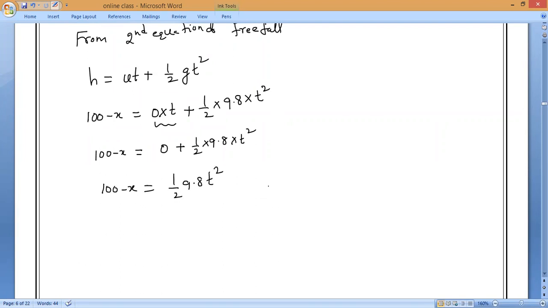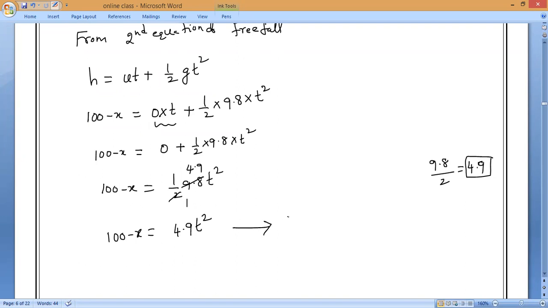Please remember, 2 ones are 2, and 9.8 halved is how much, guys? 4.9. Is it right or wrong? So 100 minus x is equal to 4.9 t square.